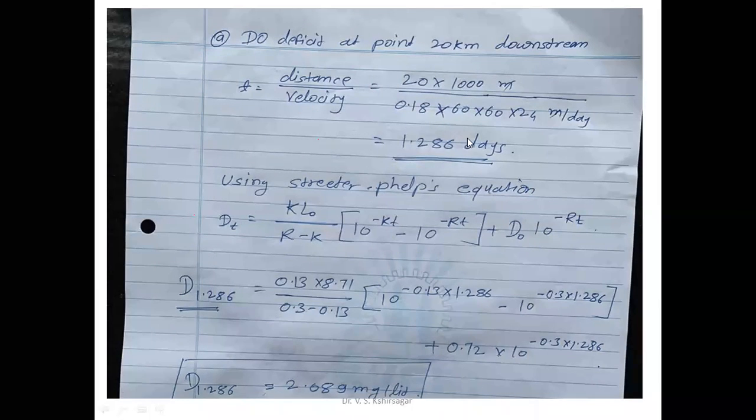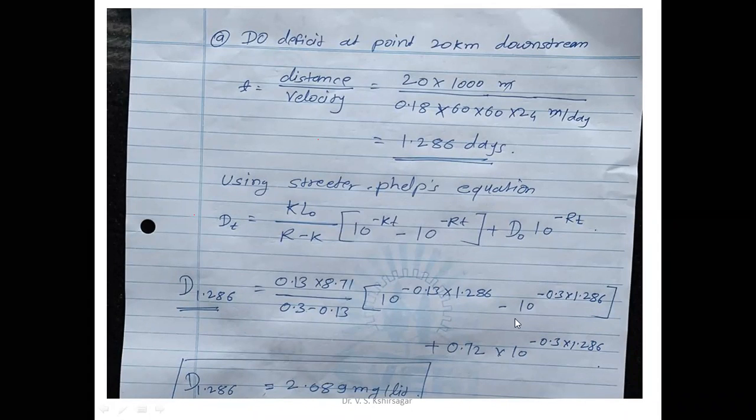So that time we have taken for D_t. So here also t you should take 1.286. And then minus 10 raised to minus R t. 10 raised to minus R, the value of R is 0.3, into time, the same 1.286, plus D naught.